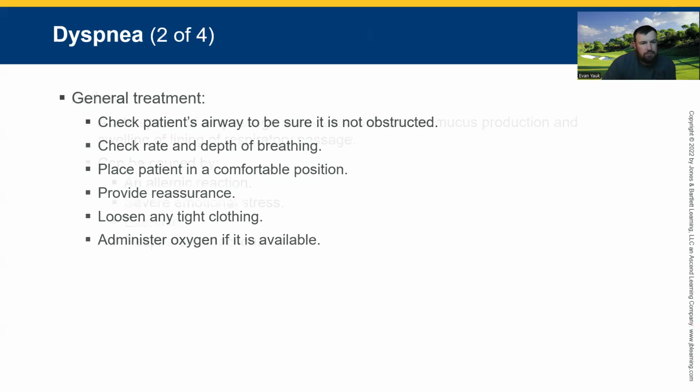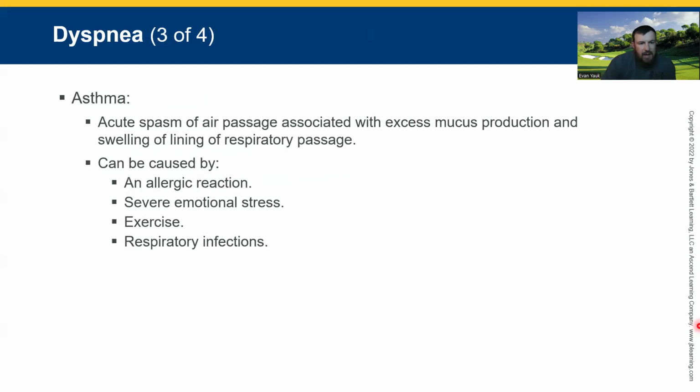Asthma. It's excess mucus production and swelling of the lining of the respiratory passage. It can be caused by an allergic reaction, severe emotional stress, exercise, respiratory infections. Asthma, we can treat. Most people, if they know they have asthma, have a metered dose inhaler or an albuterol inhaler.